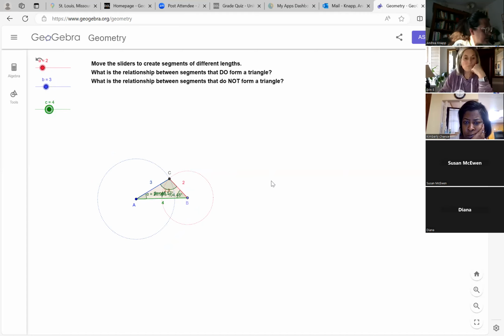So would you say, is it possible to make a triangle with sides of lengths 2, 3, and 4? Yes. Okay, yes. You can also do this one just by the triangle inequality theorem. 3 plus 2 is greater than 4. 4 plus 2 is greater than 3, and 4 plus 3 is greater than 2.